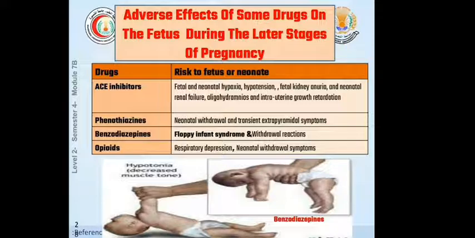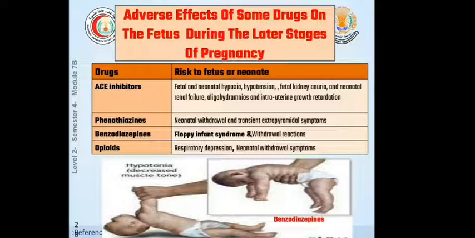This is due to benzodiazepines. Benzodiazepine is a sedative hypnotic drug that may be given to the pregnant female. It has a skeletal muscle relaxant effect. It will lead to hypotonia and decreased muscle tone all over the body of the fetus, and it will lead to what we call floppy infant syndrome.